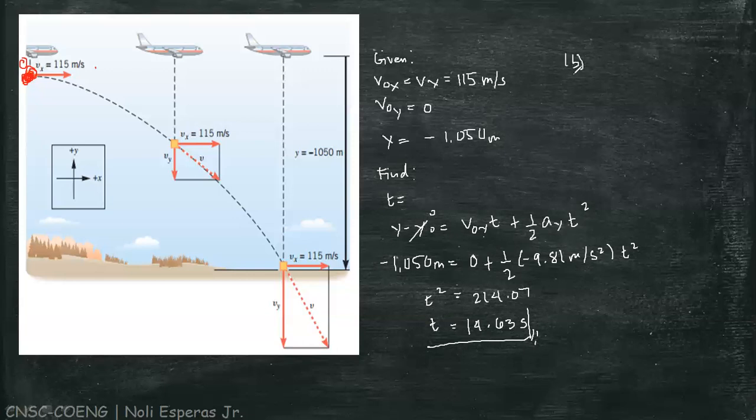For letter B, we are looking for the magnitude and direction of the final velocity. So let's solve first for the final x component of the velocity, which is equal to the initial x component.